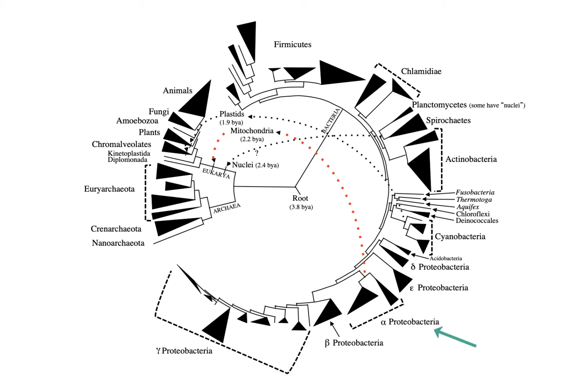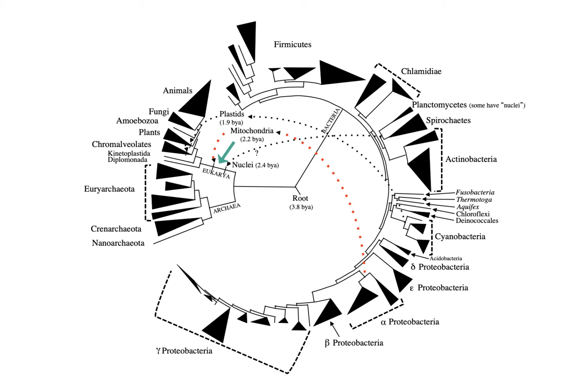And then you see from the alpha proteobacteria this organism entering an archaeal cell about 2.4 to 2.2 billion years ago, and that became a mitochondrion capable of oxidative phosphorylation, which was very important at that time, as the oxygen content of the air, the atmosphere, and the seas and the water were all increasing.